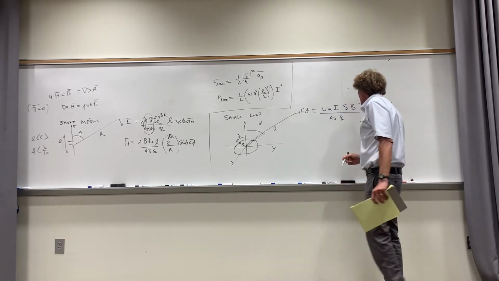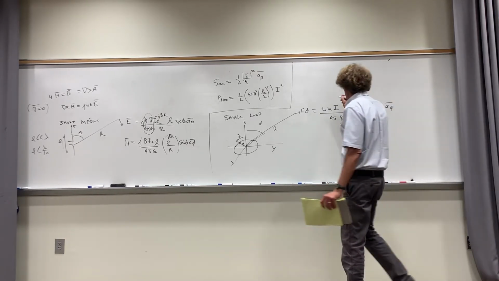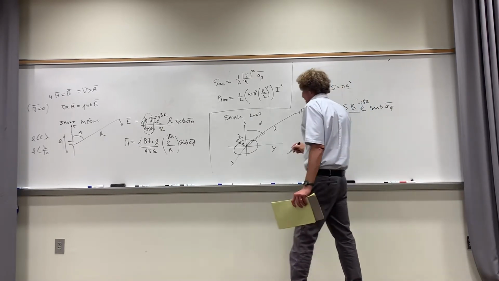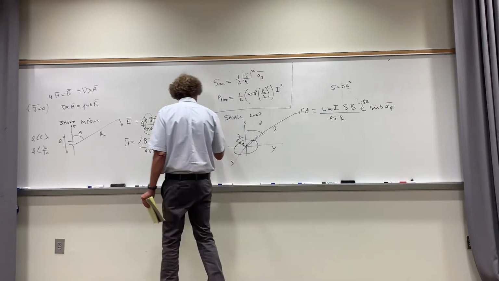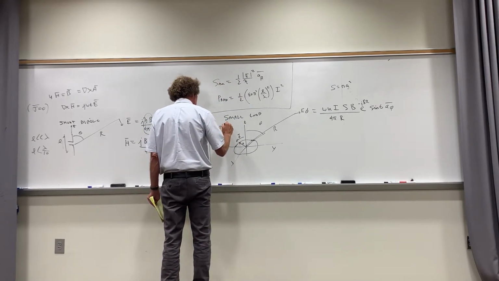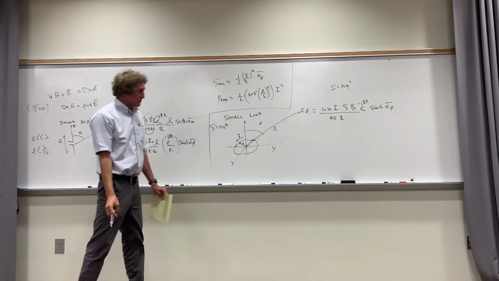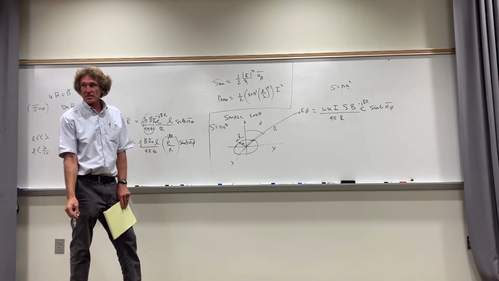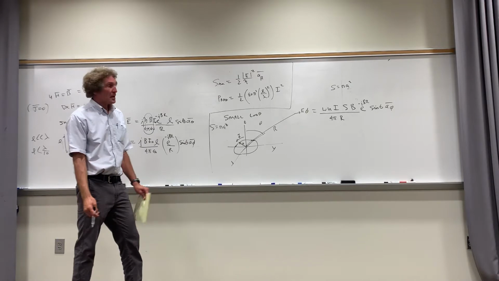So that's the E field. I want to just tell you one thing. S here is equal to pi a squared. It's just the area of the loop. S is equal to pi a squared. Are you with me on that? I'll tell you one thing about this that makes it very interesting.